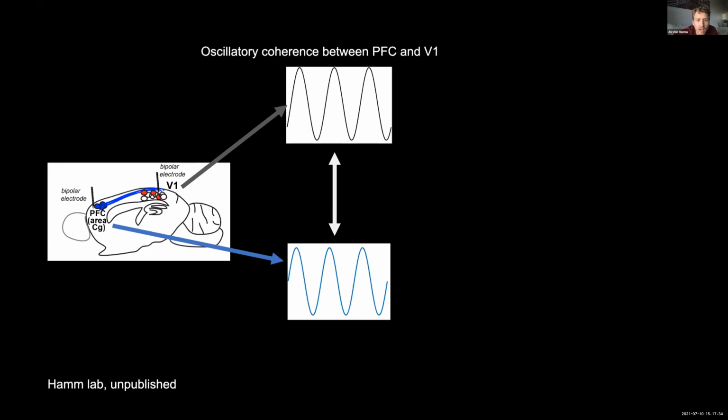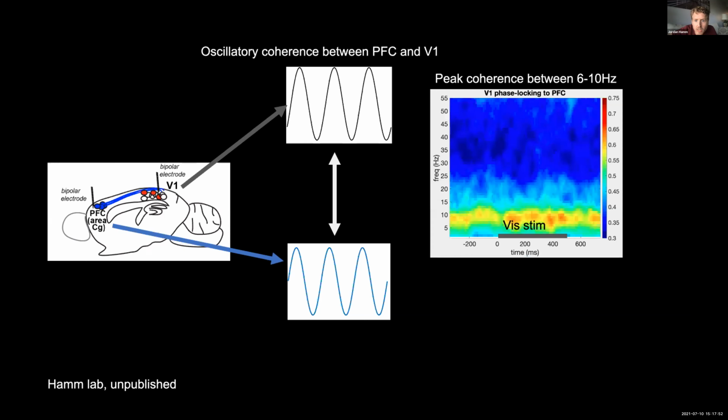However, we analyzed how the two synchronized during the paradigm. We calculated phase coherence, or the consistency of the phase lag between oscillatory activity in PFC and oscillatory activity in V1. Here is a plot where time is on the x-axis and frequency is on the y-axis.